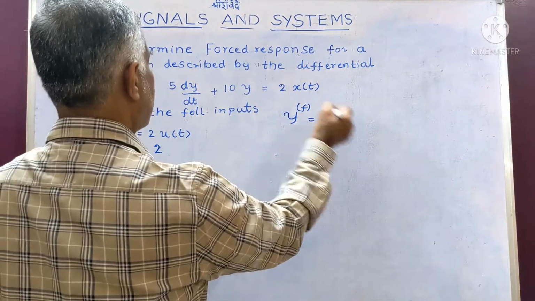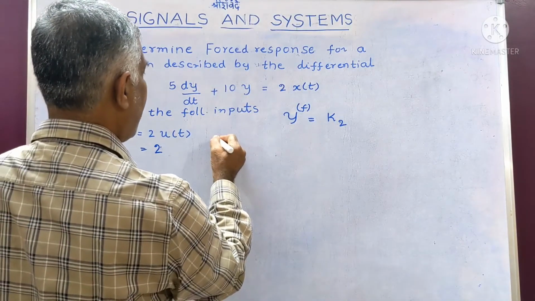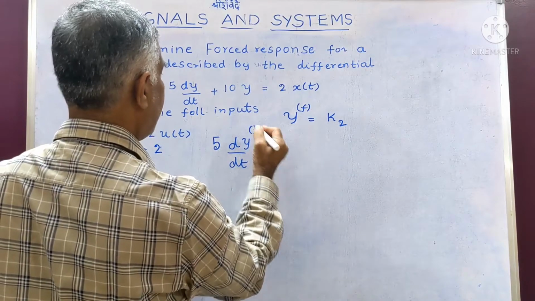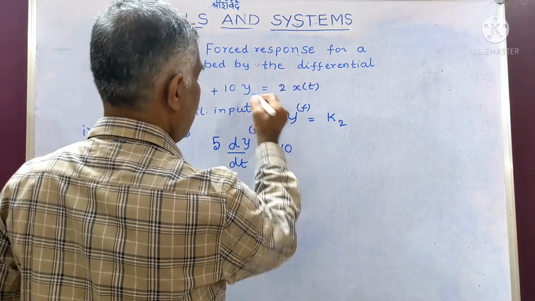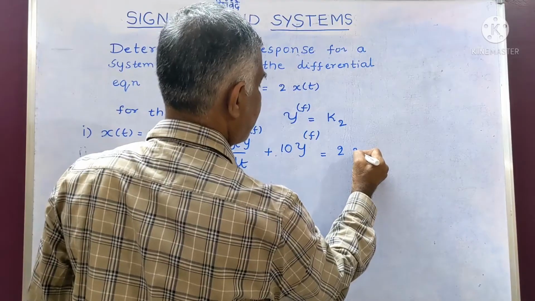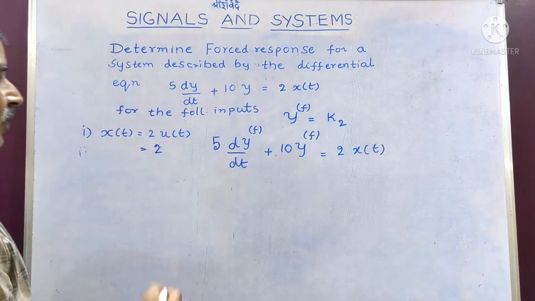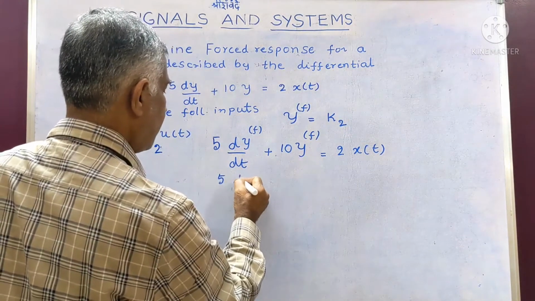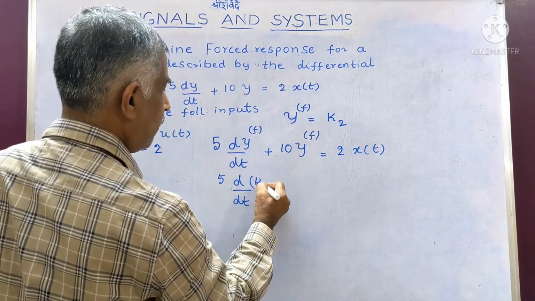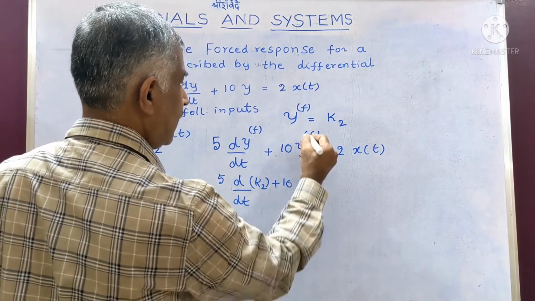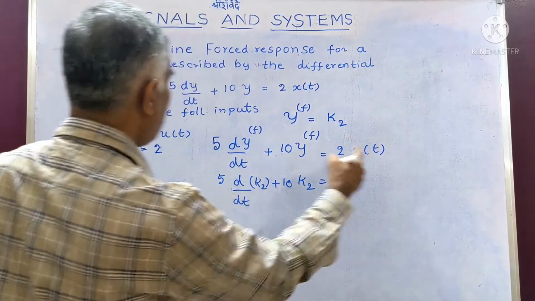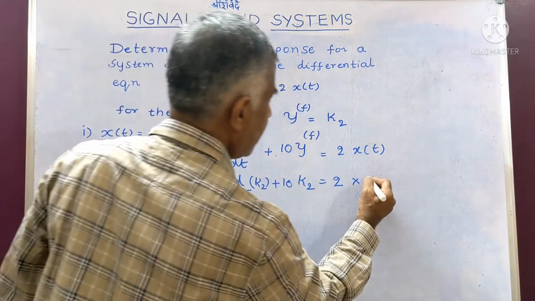Now you take this in the differential equation: 5 d by dt of yf plus 10 yf equal to 2x(t), that is 5 d by dt of K2 plus 10 K2 is equal to 2 into x(t). x(t) is 2.